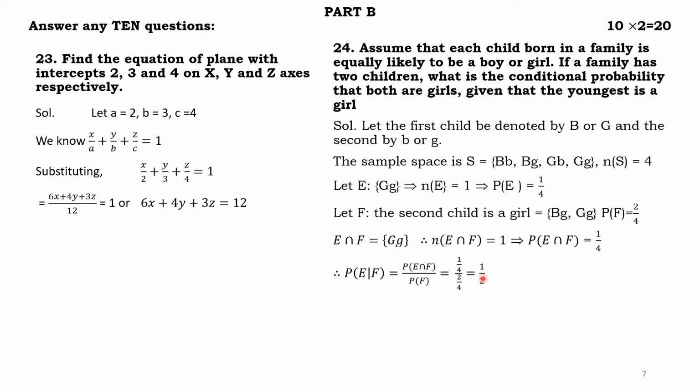Therefore, we can write the conditional probability of E given that F has occurred: P(E|F) equals P(E intersection F) divided by P(F), that is 1 by 4 divided by 2 by 4. That becomes 1 over 2. So the answer is 1 upon 2.